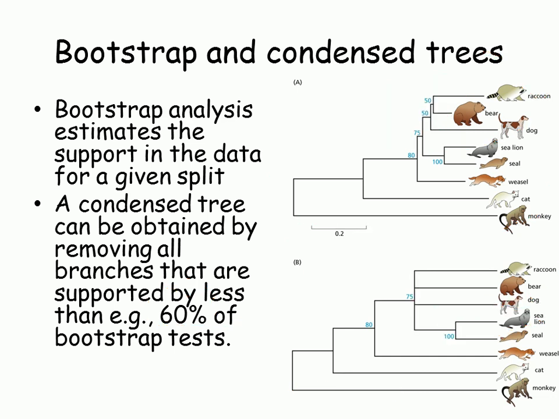So now I have a new tree where the information shown is at least 60% supported from the data. Okay. So you only have a tree that is highly supported by the data, and things that are not so supported are not really claimed by the tree. Okay. Make sense? Okay.